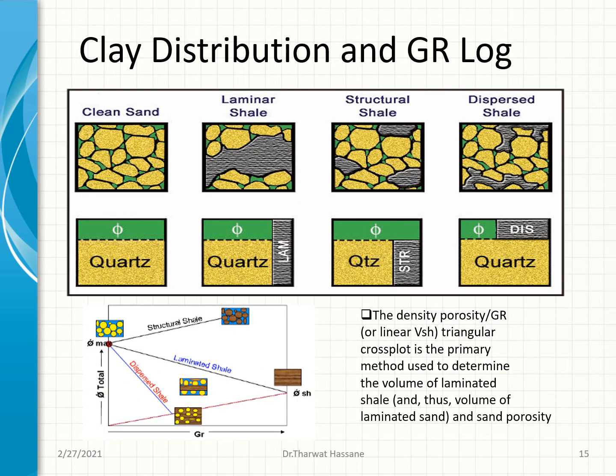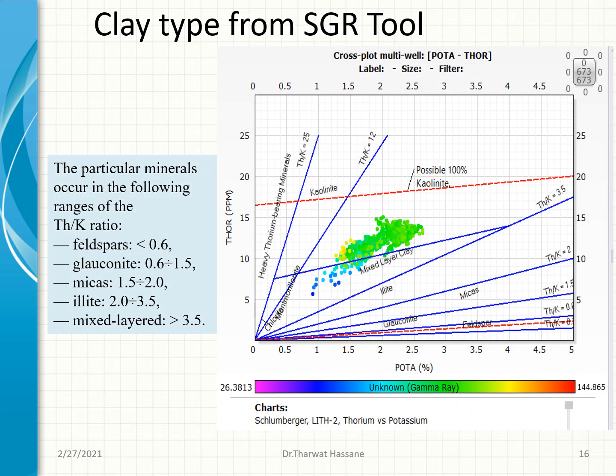The clay distributions inside the formation using gamma ray and porosity. You see what the clay typing is inside the formation. Why is the clay typing very important? Because each one of them has specific parameters or properties to be used in ELAN later on, such as cation exchange capacity, these CEC values and all this kind of thing.